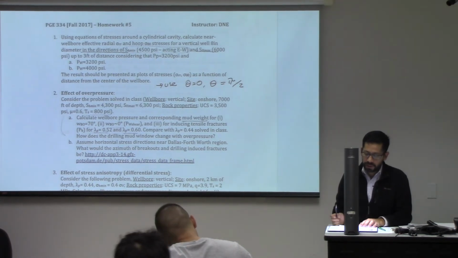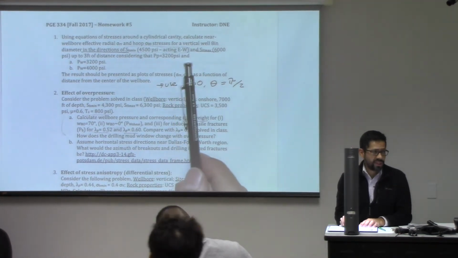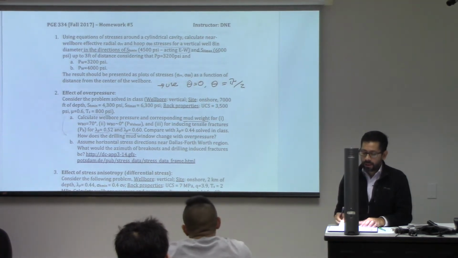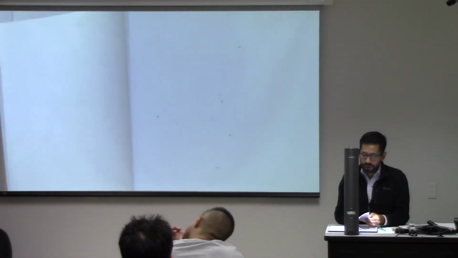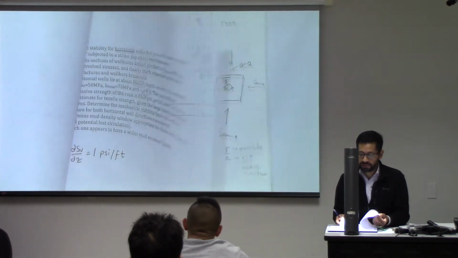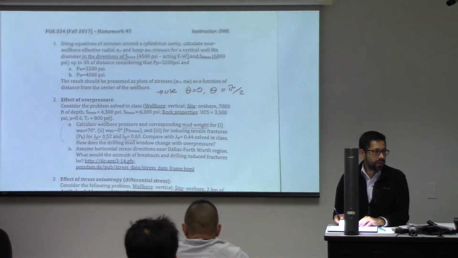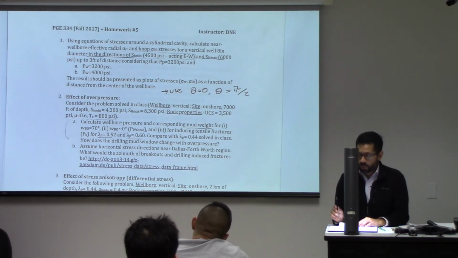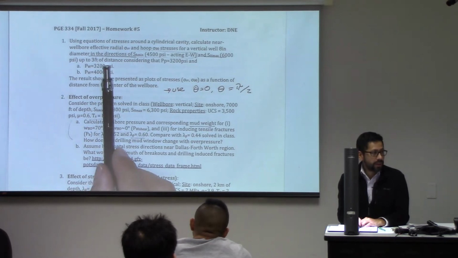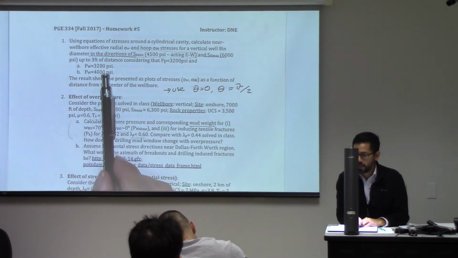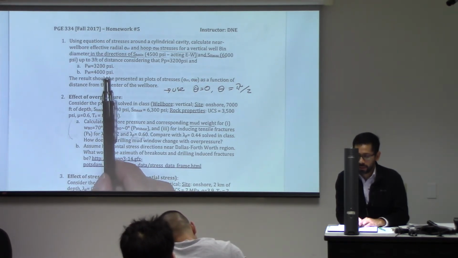The first problem is about computing stresses around a wellbore. I'm not going to ask you to use the Kirsch equations, which are very long, in order to compute stresses. But what you have to know conceptually here is the effect of each variable in changing the stresses around the wellbore.